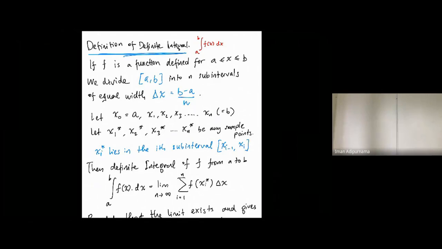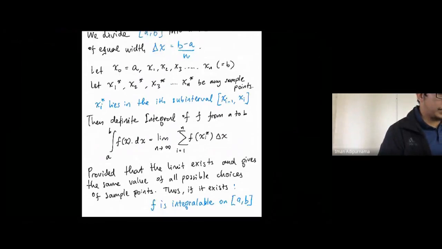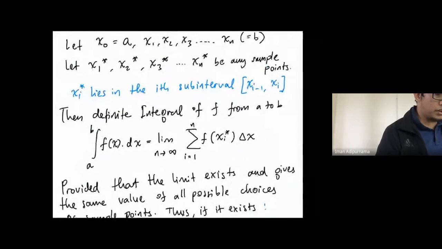Then let's use xi with the asterisk as our sample points, and the sample points are in the interval from x(i minus 1) to xi. Based on those definitions, I think this is the important one.